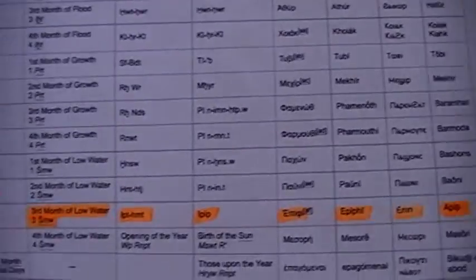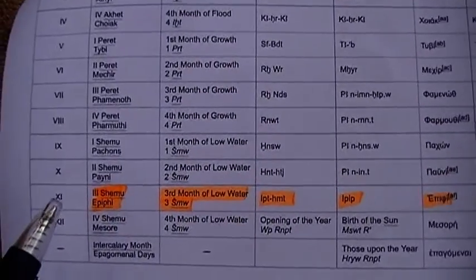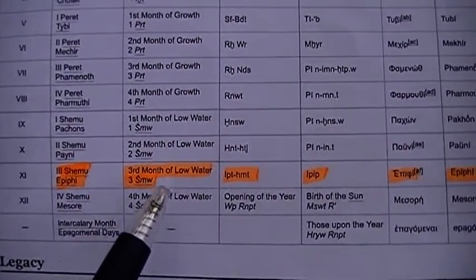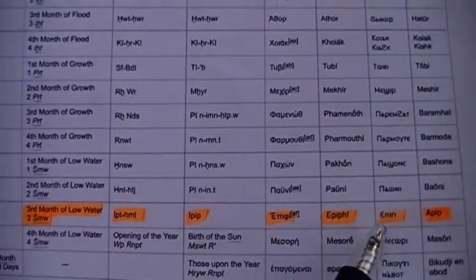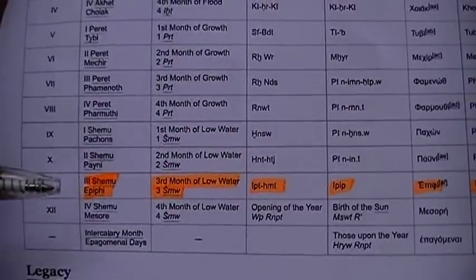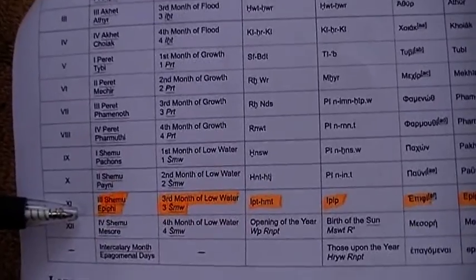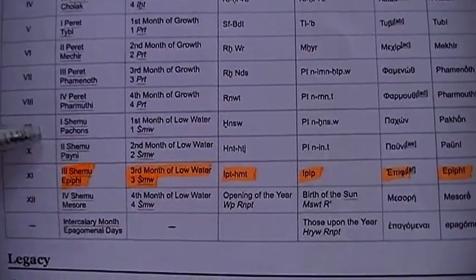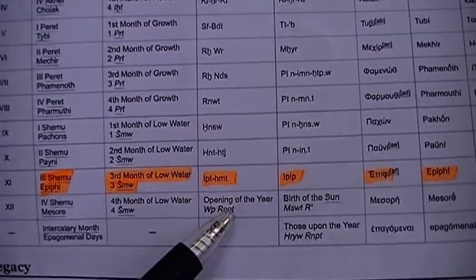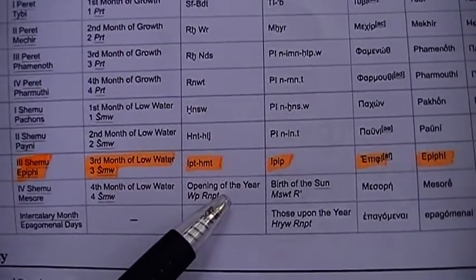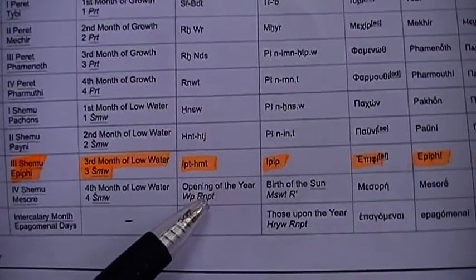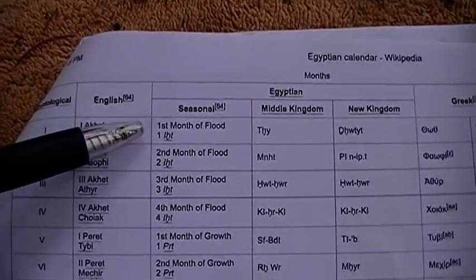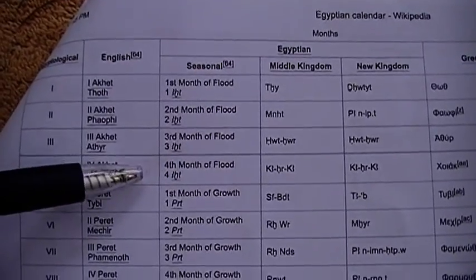Now, you can look up Epip on the internet and it will tell you that translated into Arabic, it is Abib, okay? So in ancient Egypt, Abib or Epip was the 11th month of their calendar. Then the ancient Egyptian people would begin their new year, or around the time of their new year is when the Nile would flood, okay? So then, first month of the flood, so on.